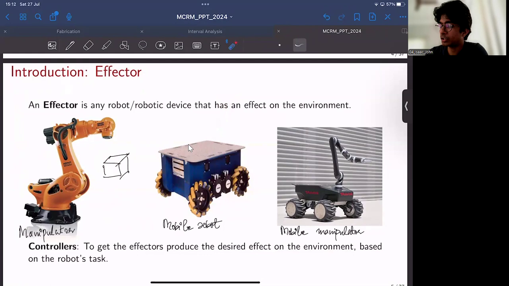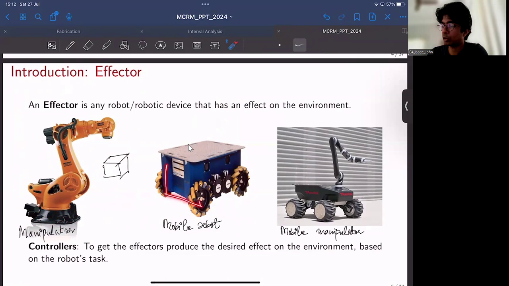But what is the effect of a mobile robot on its environment? In the case of a mobile robot, the effect would be the locomotion of the effector itself. In the case of a manipulator, it has a fixed base. The base is always fixed, and the links are free to move relative to each other.